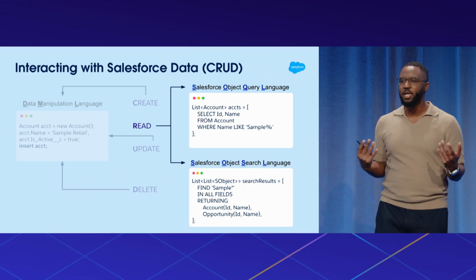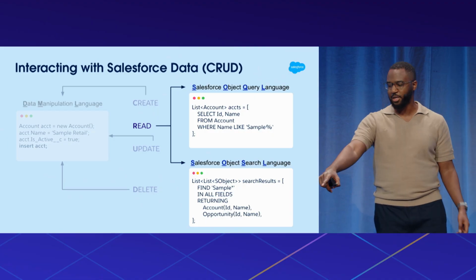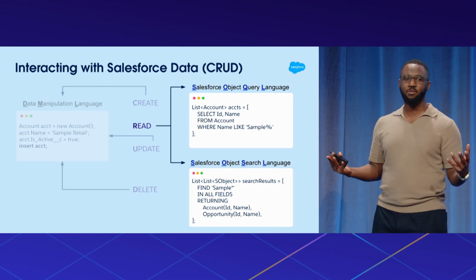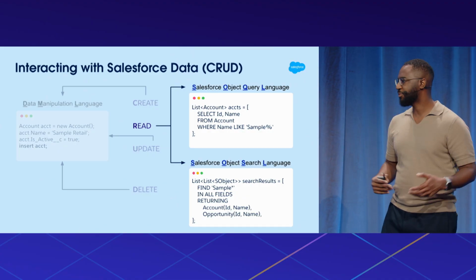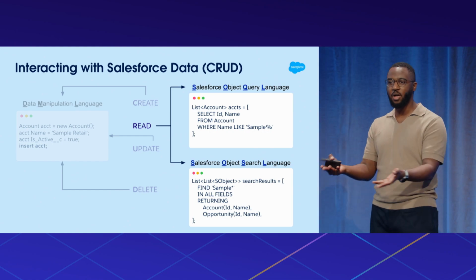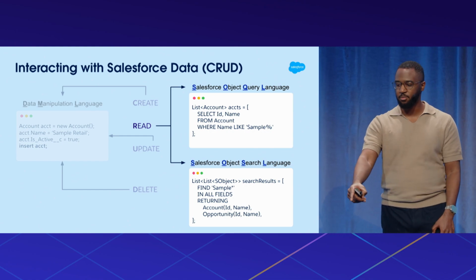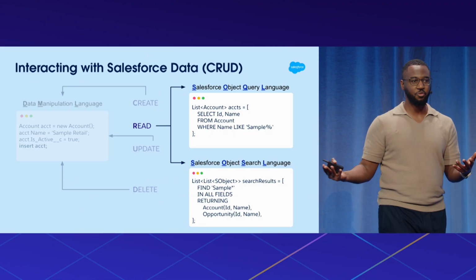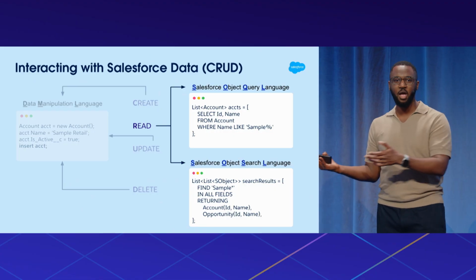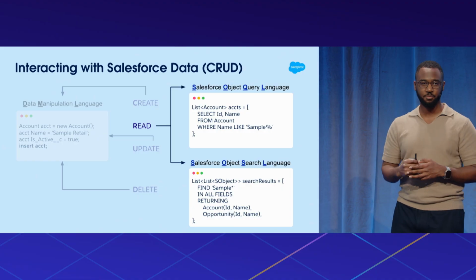You can almost read it like human language. So if we look at that SOQL there, we're retrieving a list of accounts. And it just says, give me the ID, the name, from the accounts object, where the name is like sample. So it contains sample. It starts with sample. And that would pull every account that starts with the word sample.